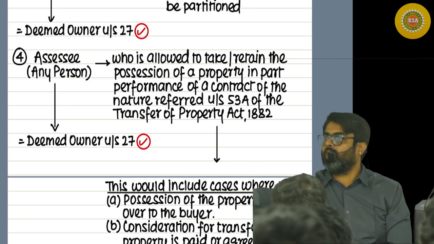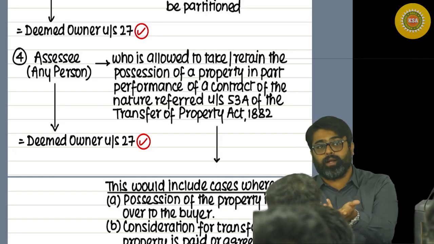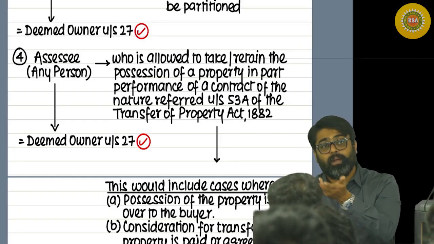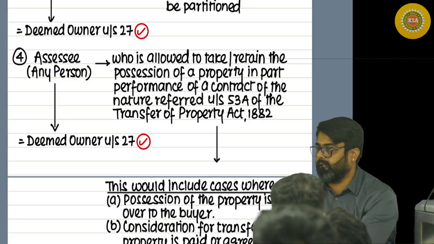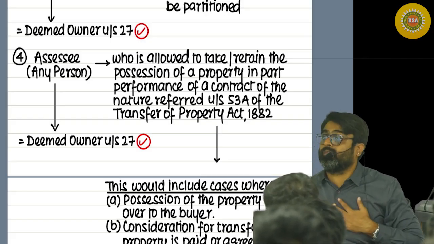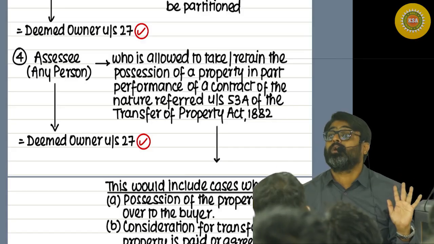Sale is complete in all aspects. You have performed your part of contract, I have performed my part of contract. What was your part of contract? That you will pay me the consideration. You have paid or you have taken the liability. Yes or no? And what was my part of the contract? That I will give you the peaceful possession. Yes or no?